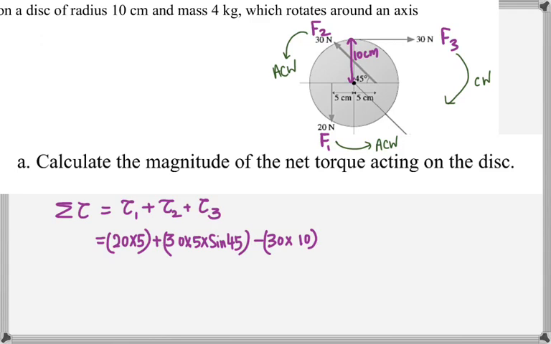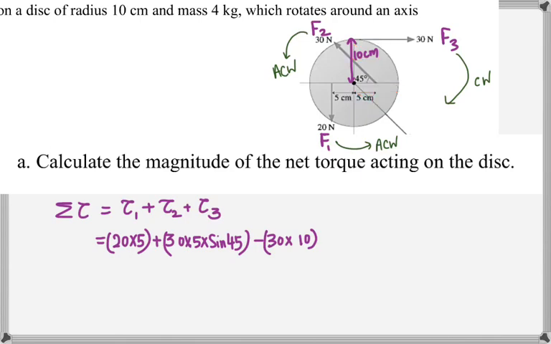Then 30 multiplied, there are two of them, so we are looking at F2. 30 multiplied by 5 multiplied by sine 45, again positive, it's anti-clockwise. And the last one, 30 multiplied by 10, you can look for the distance will be 10, because we can see that this distance is 5, so the total distance will be 10, which will be same as this 10 centimeter here.